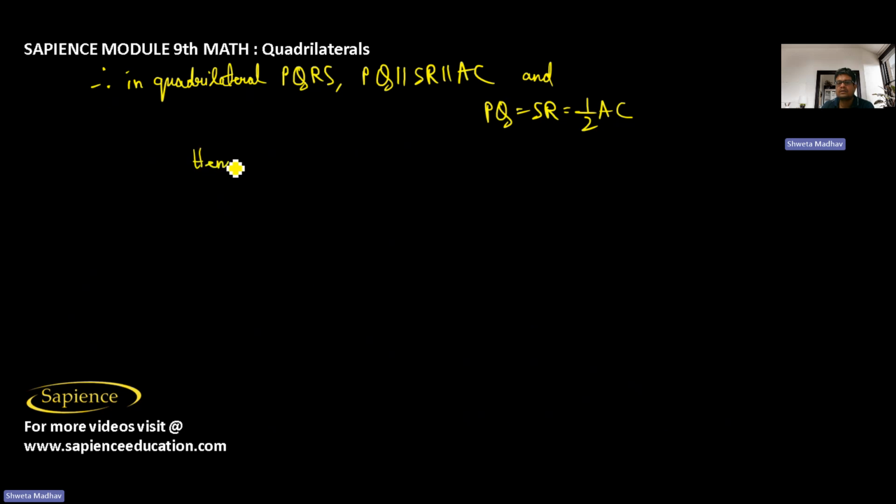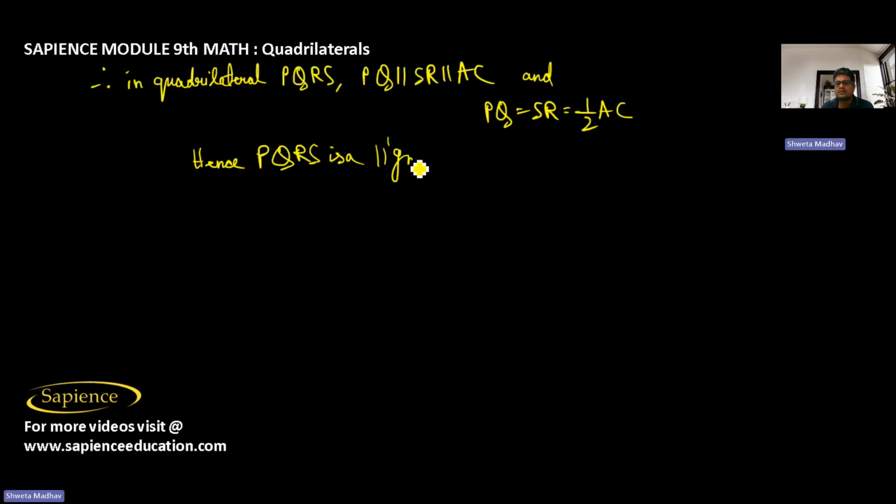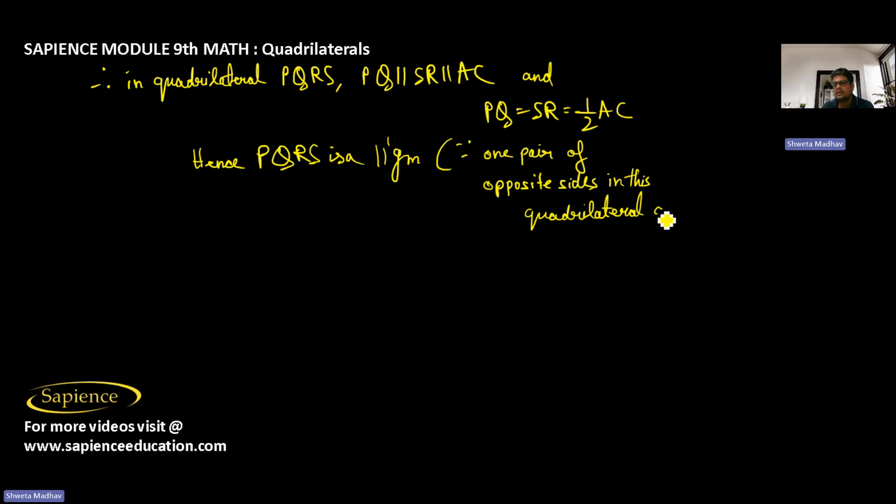So hence we can say that PQRS is a parallelogram, since one pair of opposite sides in this quadrilateral are parallel and equal.